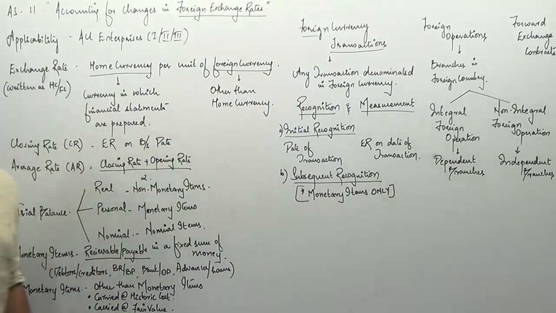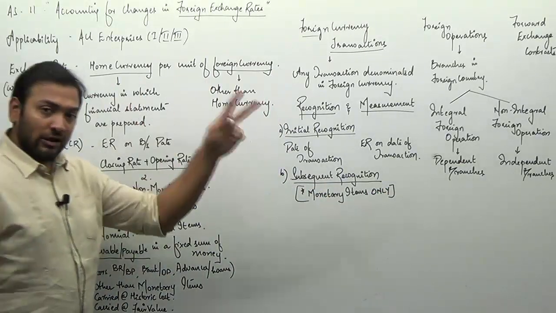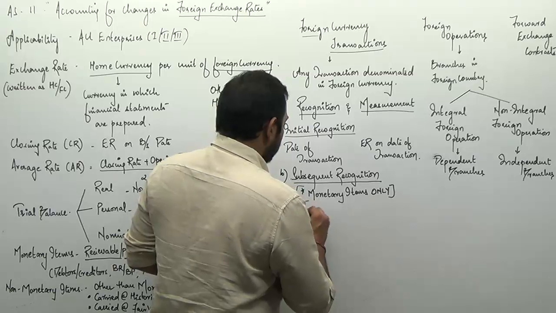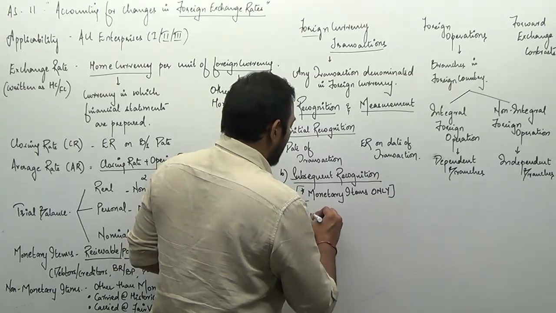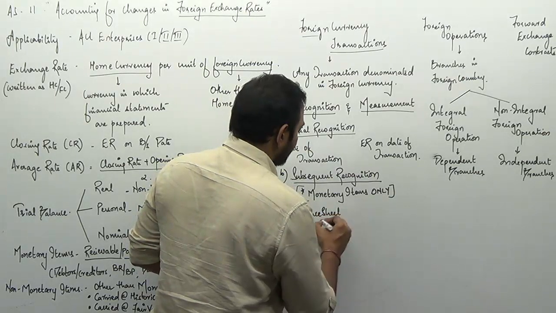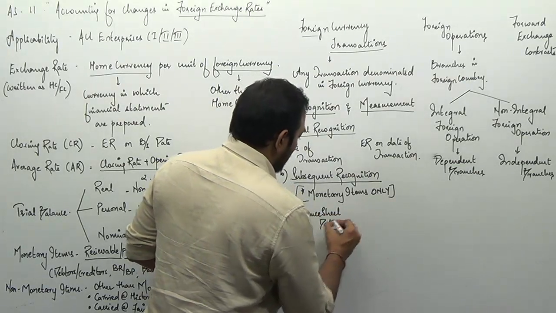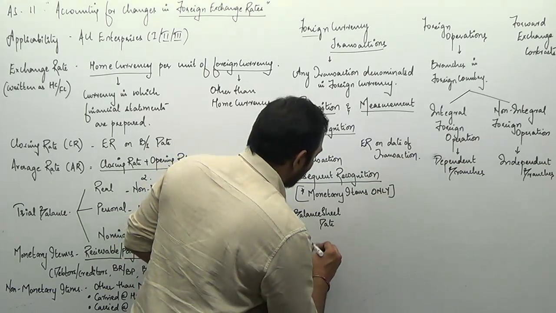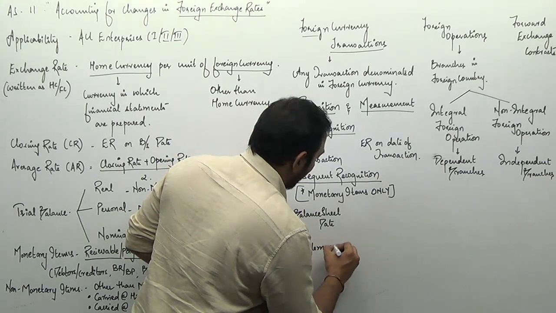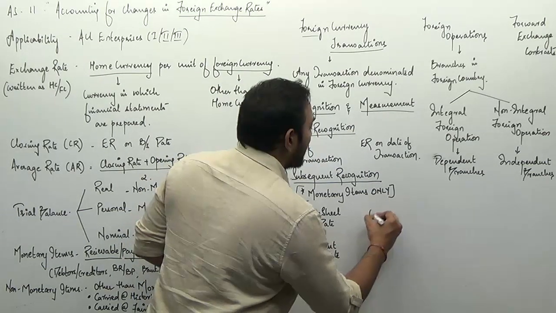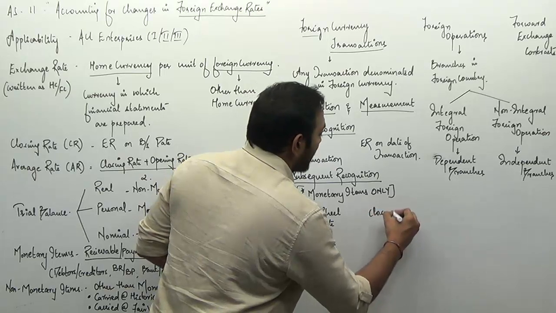We have two dates for subsequent recognition. The first one, balance sheet date, and the next one is settlement date. On balance sheet date, always use the closing rate.